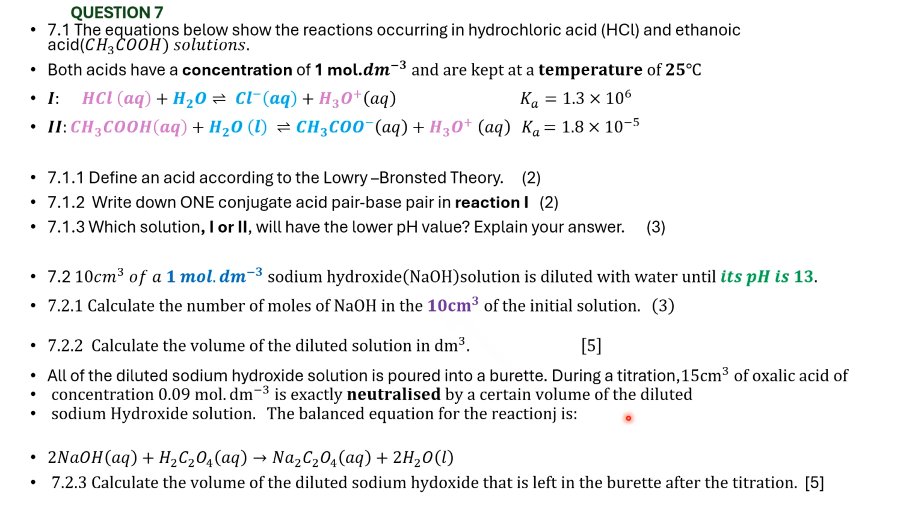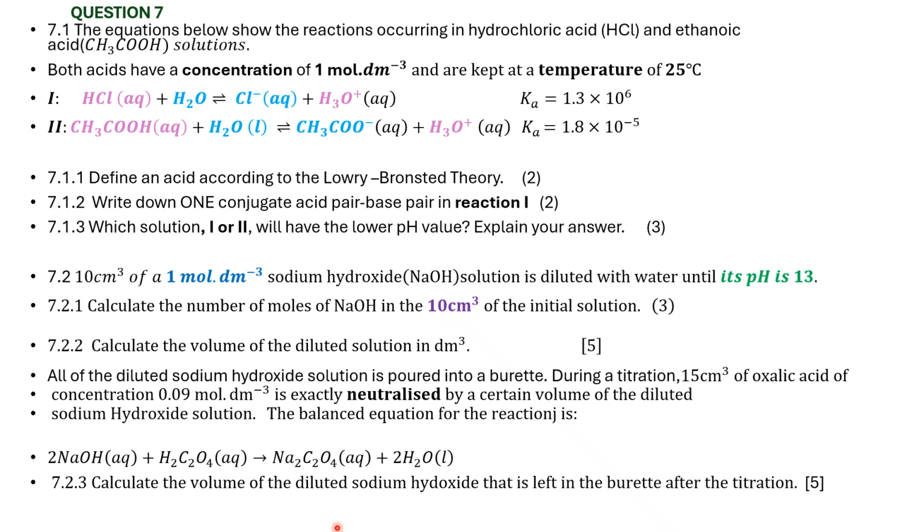During a titration, 15 cubic centimeters of oxalic acid of concentration 0,09 moles per decimeter cubed is exactly neutralized by a certain volume of the diluted sodium hydroxide solution. Write a balanced equation for the reaction, sodium hydroxide reacts to form the products.